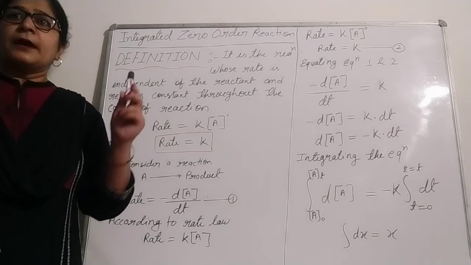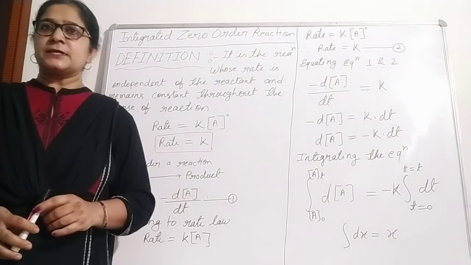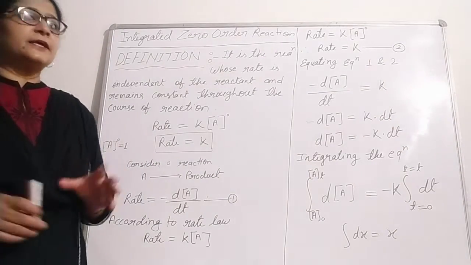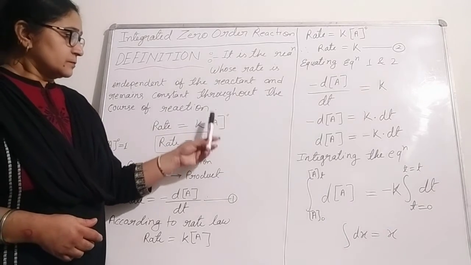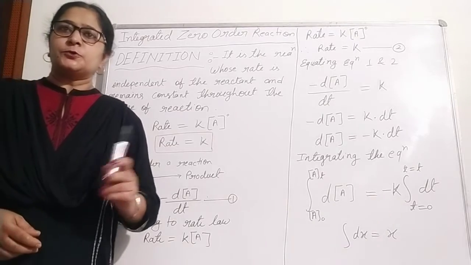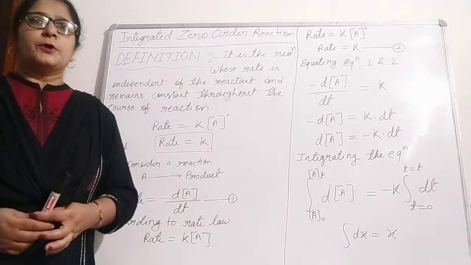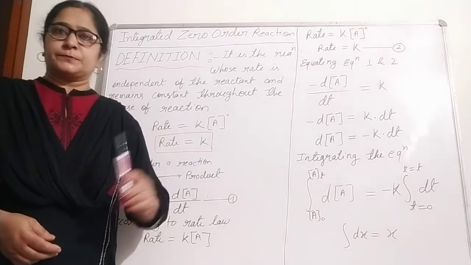It means it is independent of the concentration of the reactants, and then I could write the equation as rate is equal to K times the concentration of A raised to 0. A raised to 0 is nothing but 1.